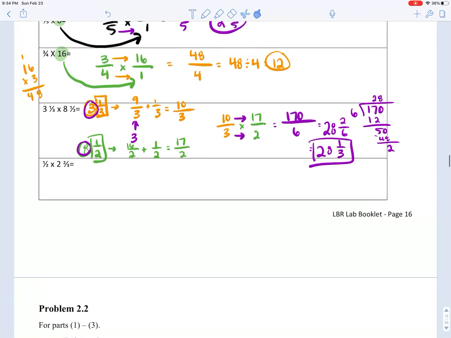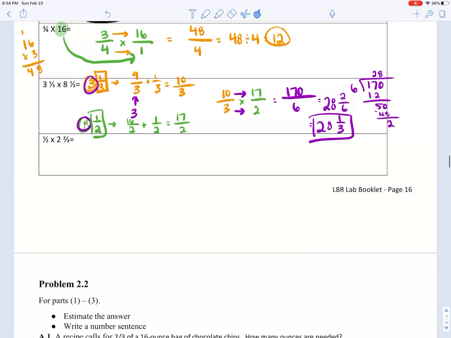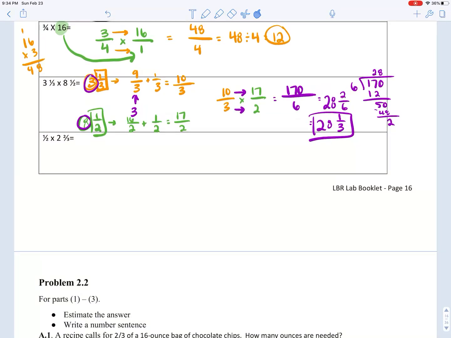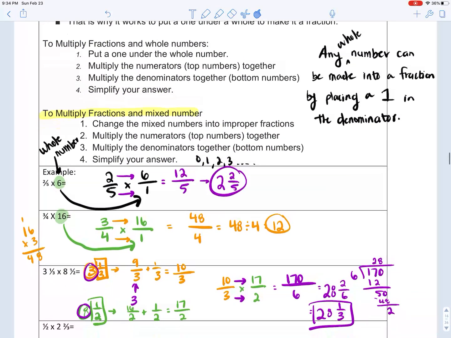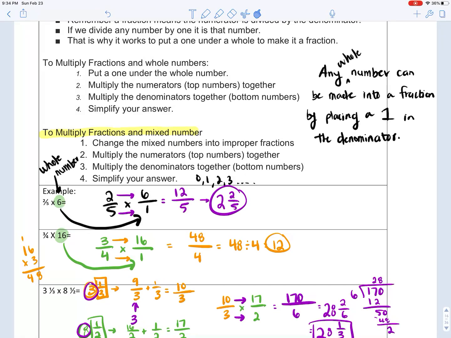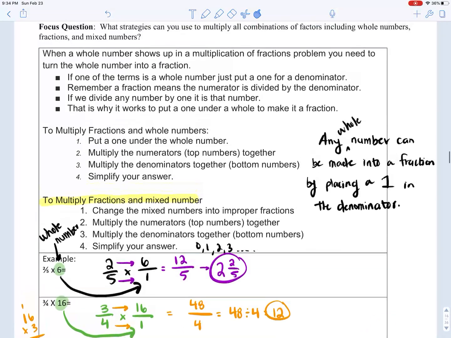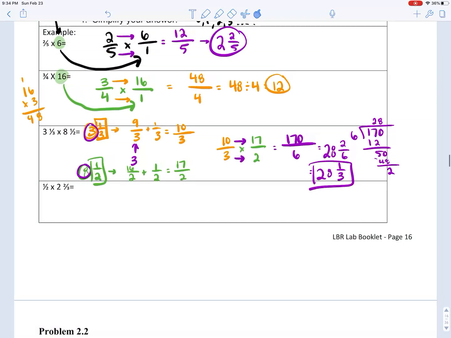The last scenario here is where you're given a fraction and you are multiplying by a mixed number. And we also give you the steps. No, we don't. Just kidding. The steps don't really change here. When you're given a mixed number, it's best to turn it into an improper fraction.